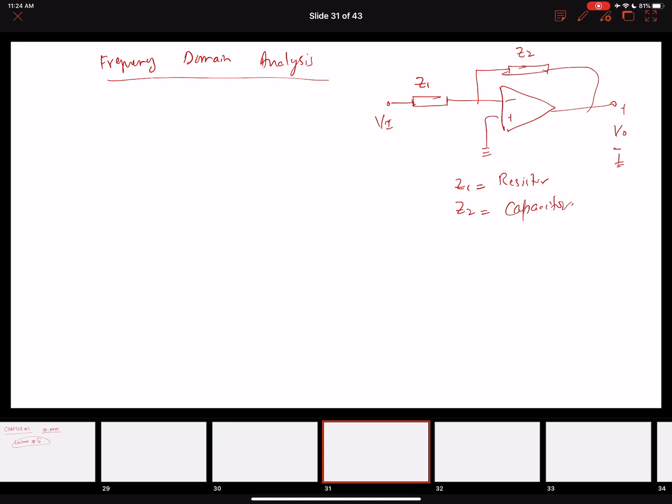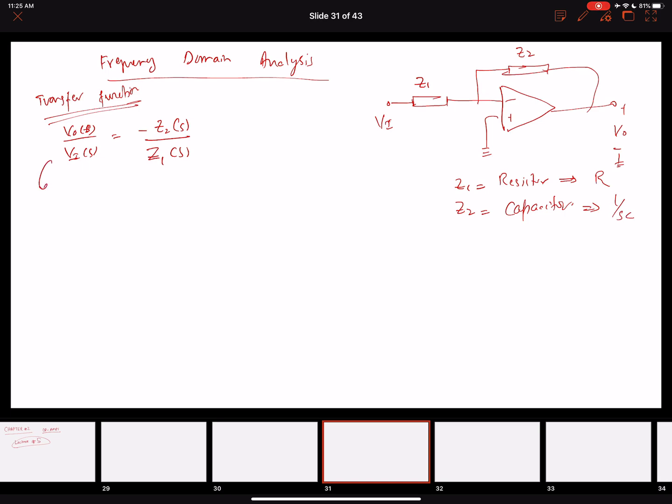Okay, so let's do the frequency analysis of this Miller integrator circuit now. If you remember, this is how we write the transfer function. V naught of S over Vi of S will be equal to minus Z2 of S over Z1 of S in an inverting configuration. Since Z1 is a resistor, it will be R, and Z2 is a capacitor, so it will be 1 over SC.